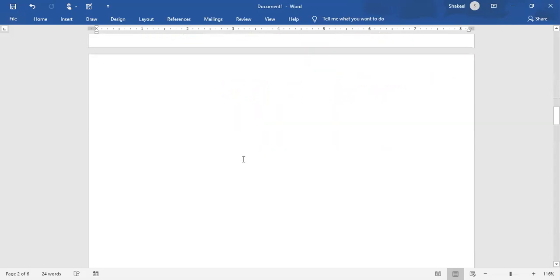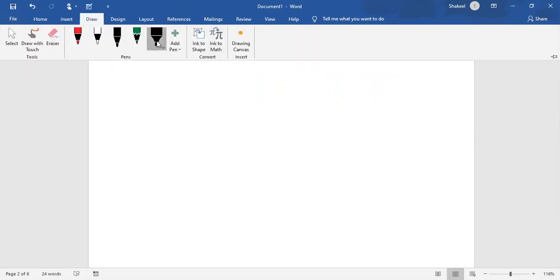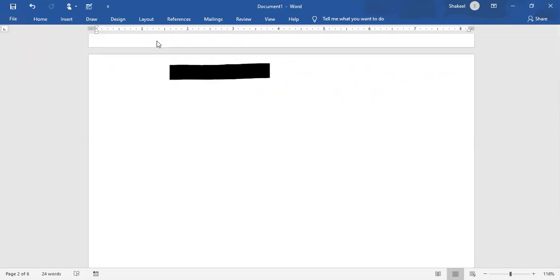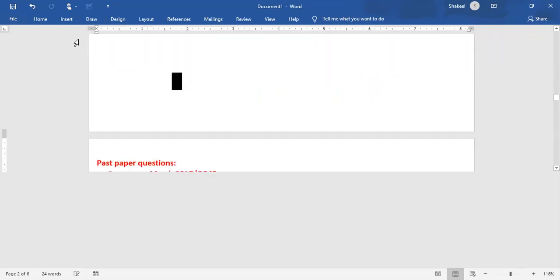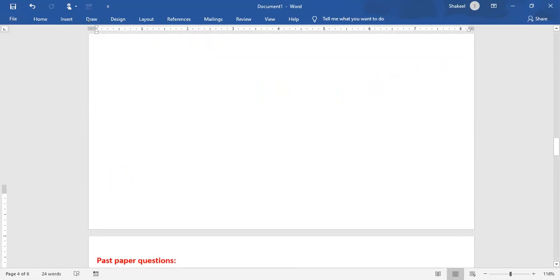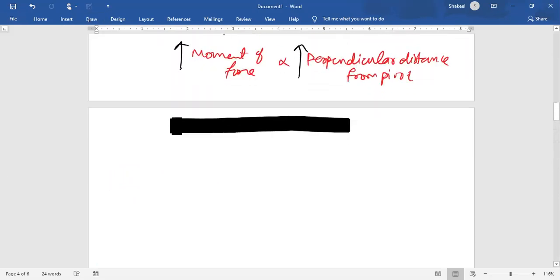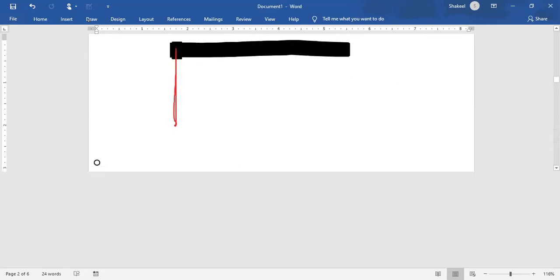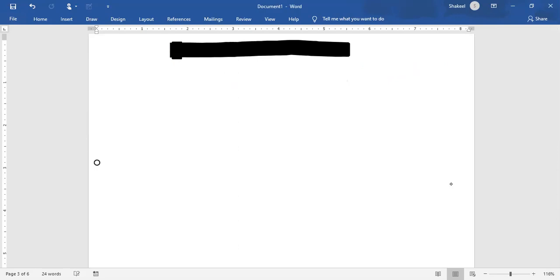Okay, let's look at a situation in which more than one force is acting on the object. Let's say this is the object and it is pivoted from this point. So this is the pivot and its weight is acting from here.